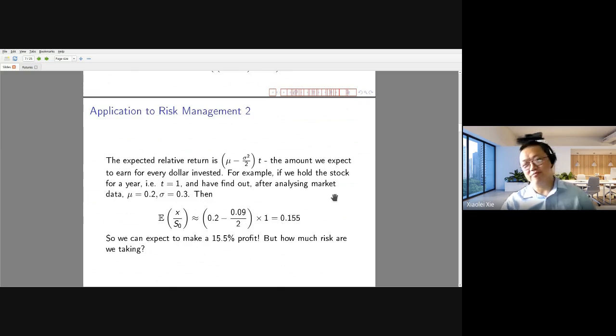So if you have found out these model parameters, mu equal to 0.2, sigma 0.3, but of course these values are annualized.